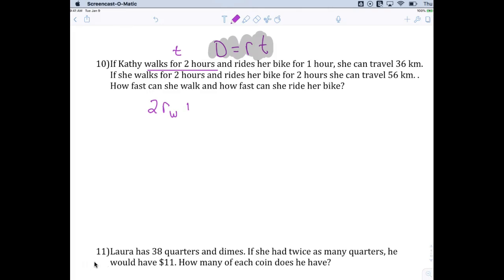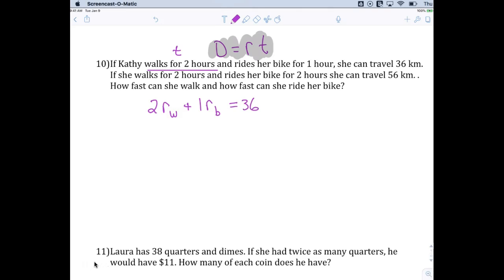Then she rides her bike for 1 hour. Do we know how fast she's riding her bike? So it would be 1 R sub what? B. That's the rate at which she rides her bike.